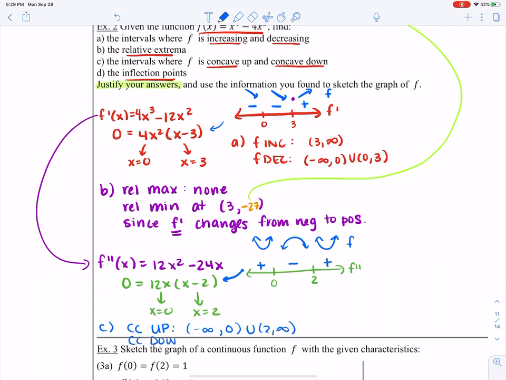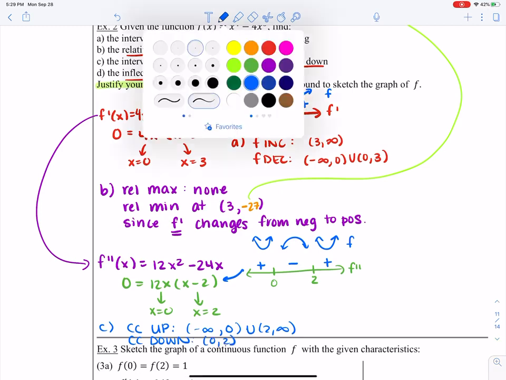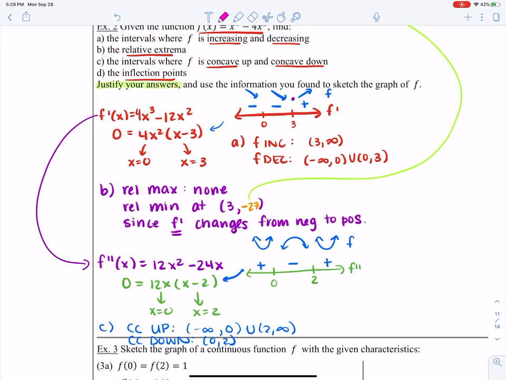So this tells me that f is going to be concave up, concave down, and concave up again. Okay? So I can answer the question for part C. Where is it concave up?